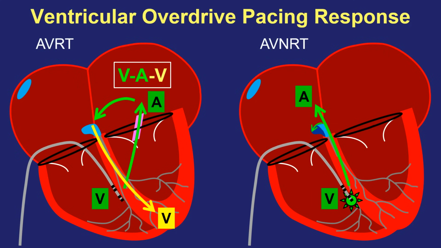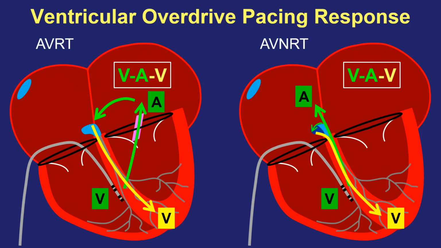And what's the next thing that happens if we didn't terminate the tachycardia? It comes right back down the slow component of the AV node back down to the V. And again, we have a VAV response in AVNRT. So notice this VAV pattern is seen in both AVRT and AVNRT, and so that sequence is not helpful to distinguish one from the other.